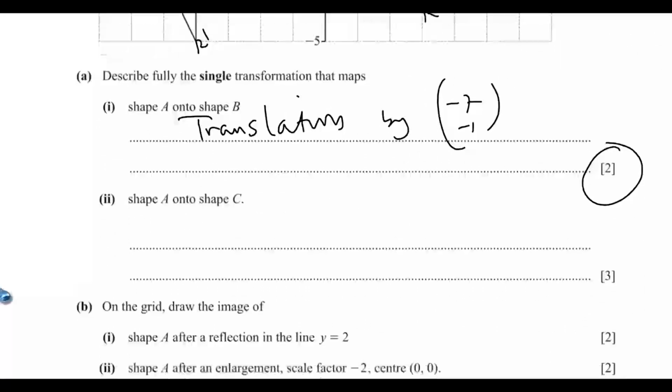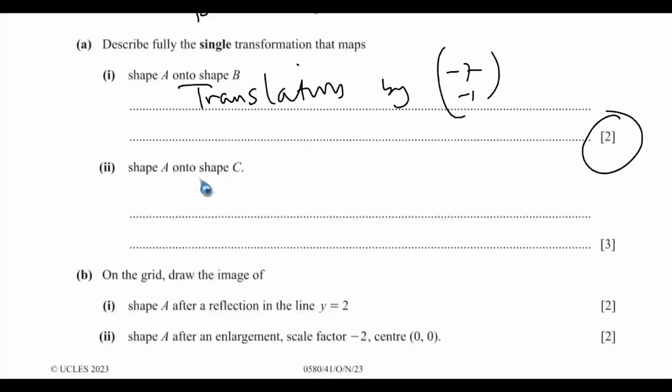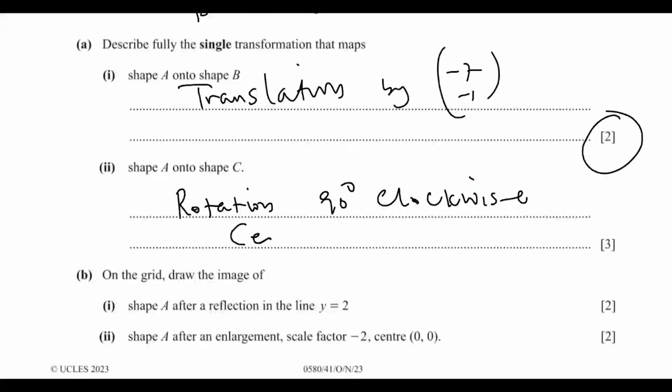We can just come here and say that it is a rotation, 90 degrees clockwise, center x equals 5, y equals 1. So that is what we have there.